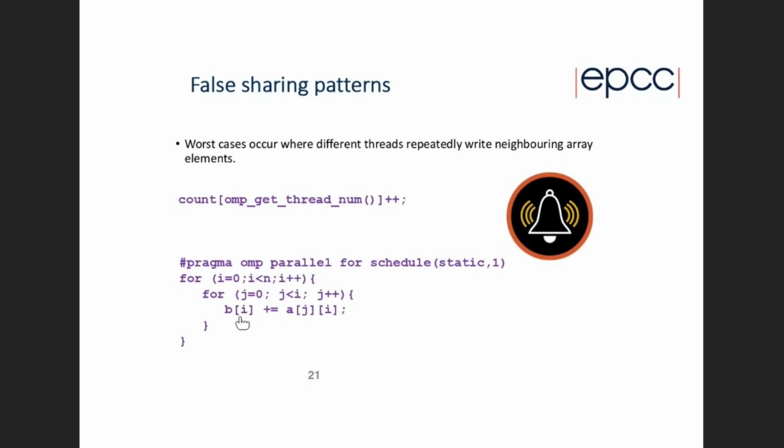That means different threads are writing neighboring memory locations in this array B, and that can cause a problem. In practice, if you experiment with changing the chunk size, you'd see that 1 is not optimal, and you need a larger chunk size to avoid this problem.